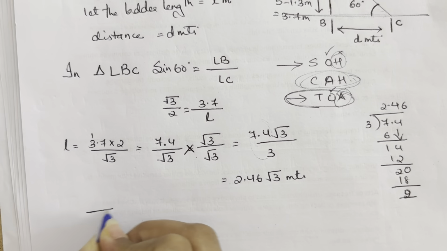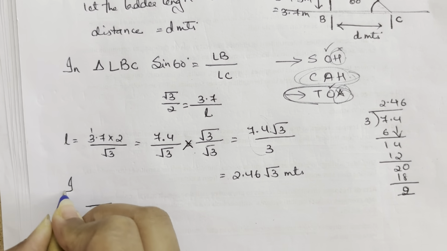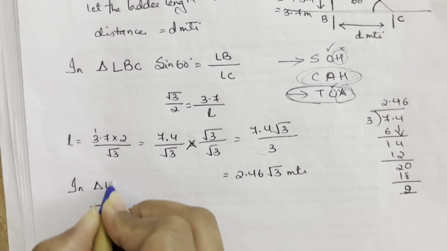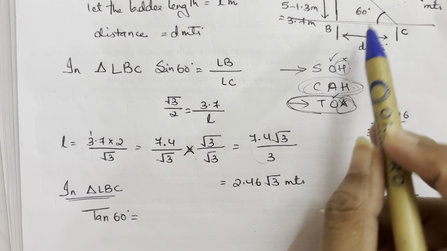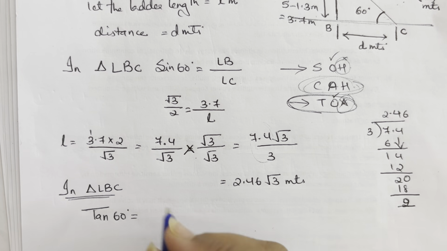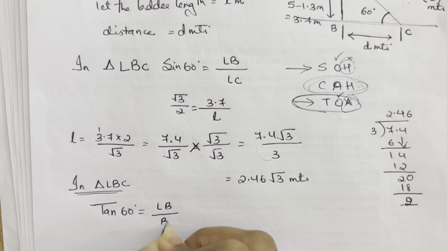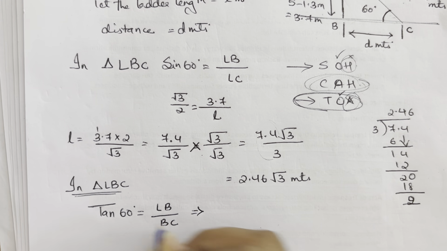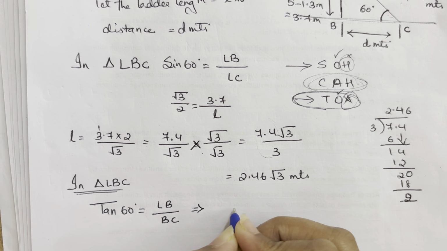Okay, so tan of 60 degrees is equal to, again, the same thing I'm going to take. This is in triangle LBC. Tan of 60 degrees is equal to opposite upon adjacent. So opposite is LB upon adjacent BC. So tan 60 is root 3, I guess.